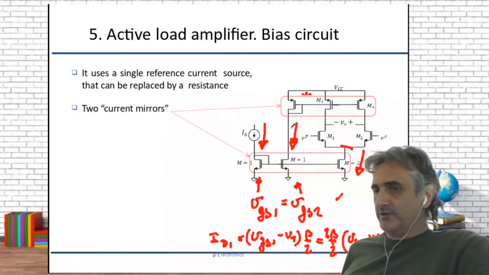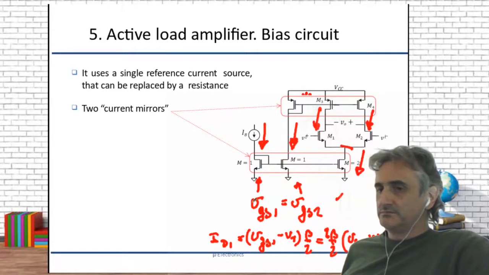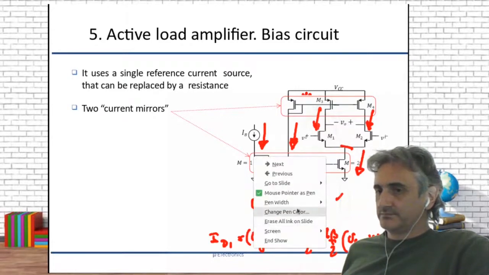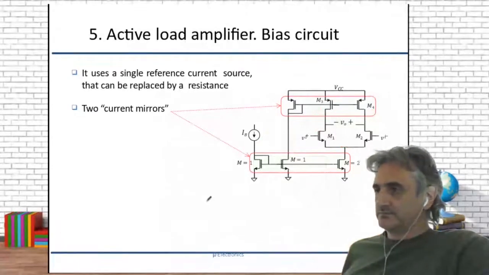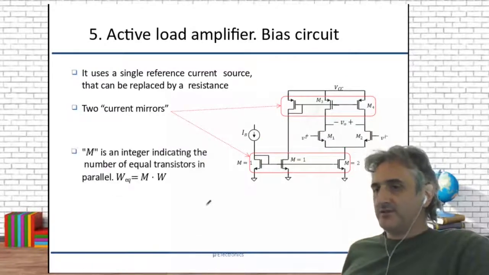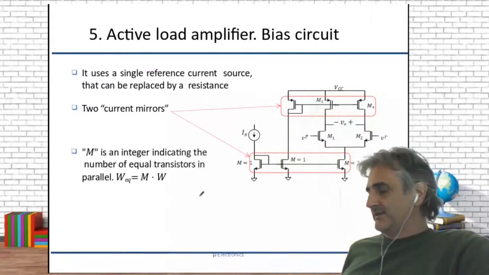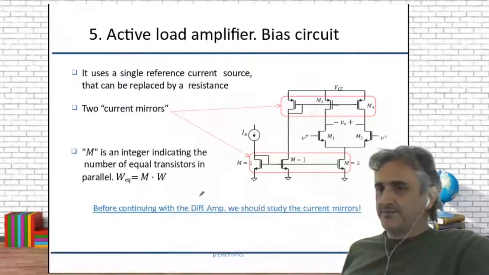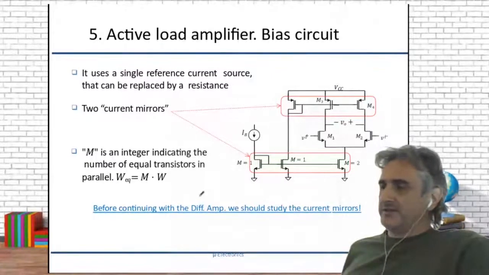The current flowing through this branch is copied into this branch and into this branch, because they are sharing the same voltage between gate and source. So this is the main idea of a current mirror. I think it's quite more complex, as we shall see in the next session.